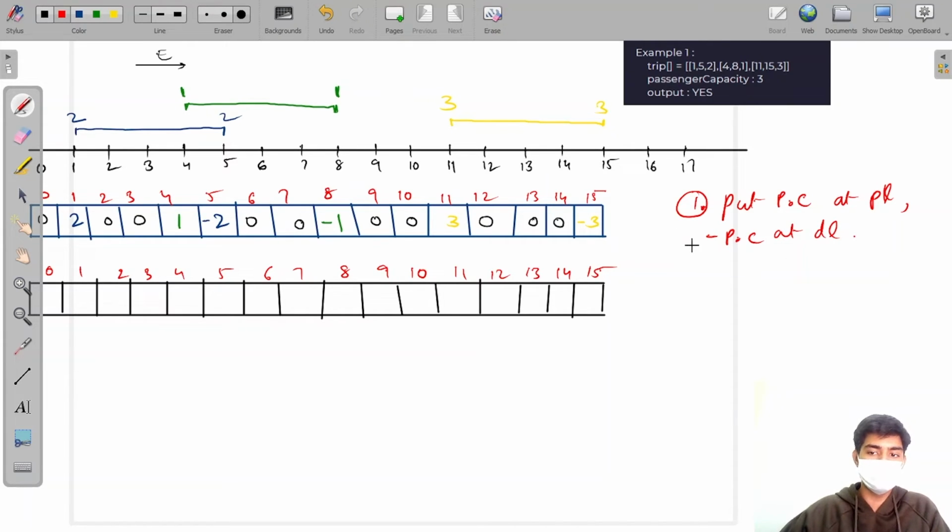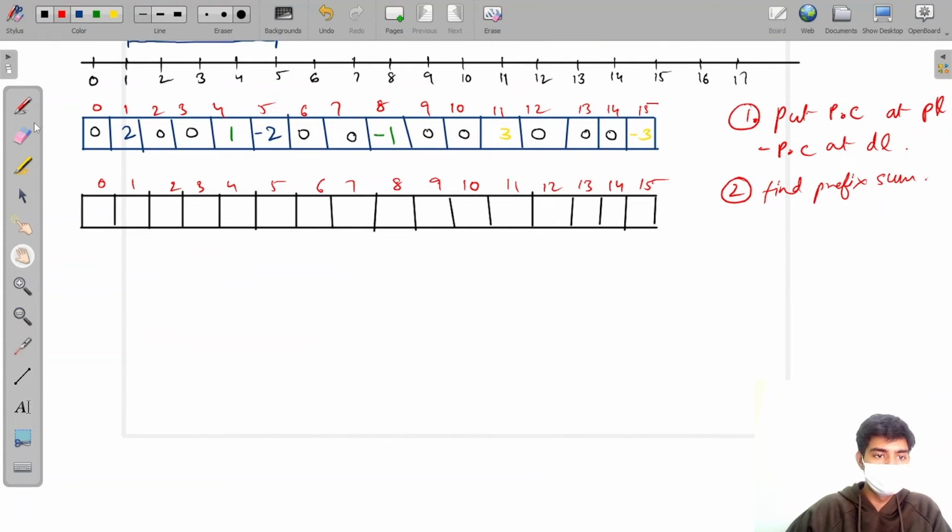This was my first step. And my second step is going to be to find the prefix sum. So what is prefix sum? I will traverse this array, this vector, and I will find the sum of my current element with the previous element.